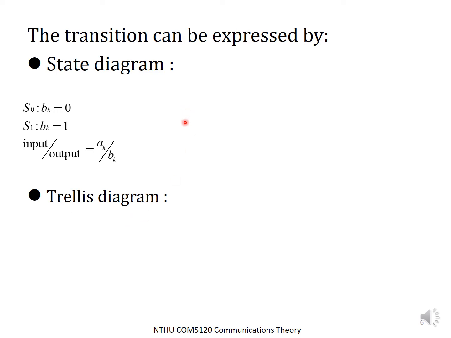Let's discuss the state diagram first. Let's define two states, S0 and S1, in the transmitter, in the transmission signal. The value of the modulation symbol BK, which is 0 or 1, defines the state of the modulator.